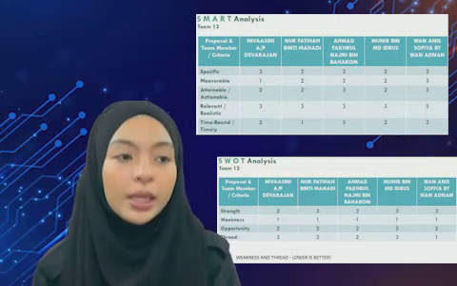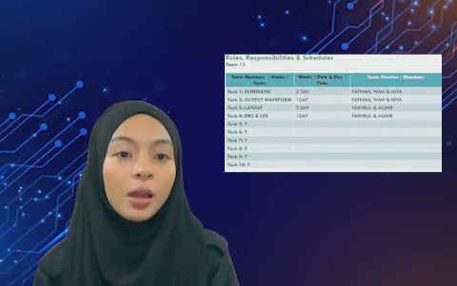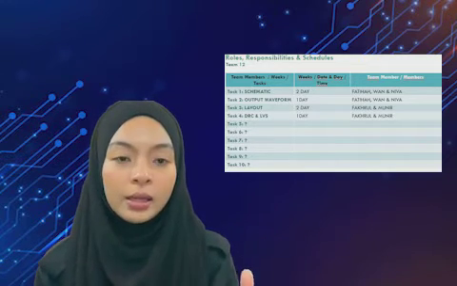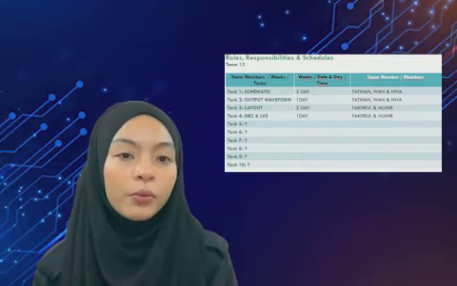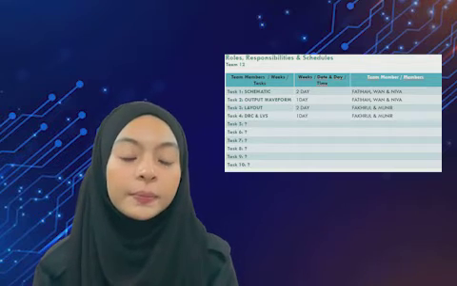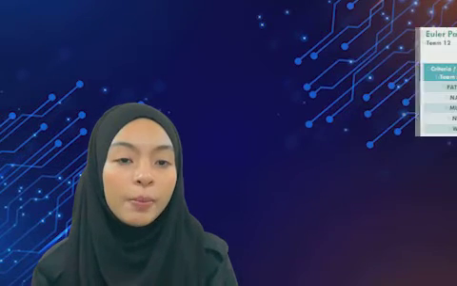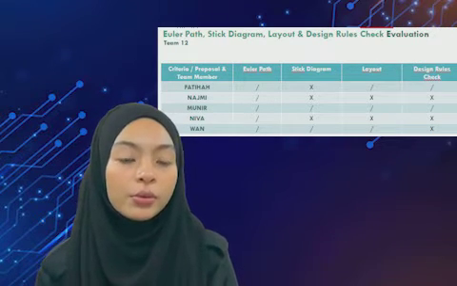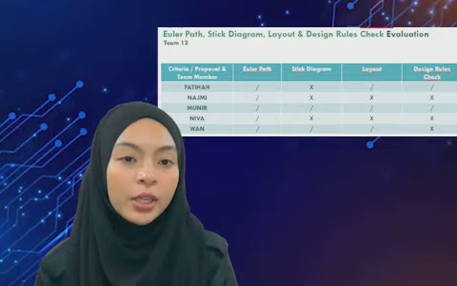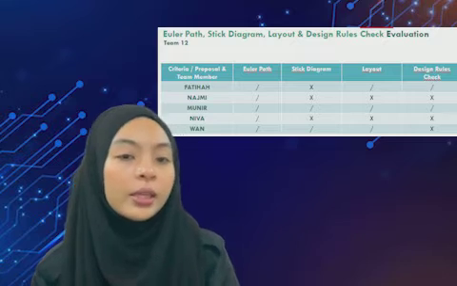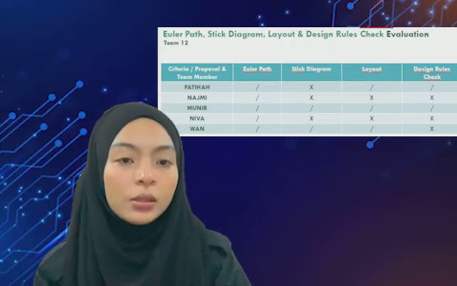Also in MP02 we have the roles and responsibilities plan, where we divided our tasks among each member, like what we need to do in Mentor Graphics later. And at MP04 we have the Euler path, stick diagram, and layout plus DRC that we need to sketch by hand or in PowerPoint.